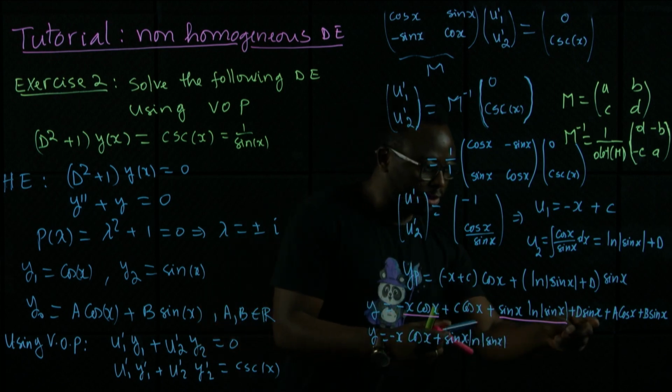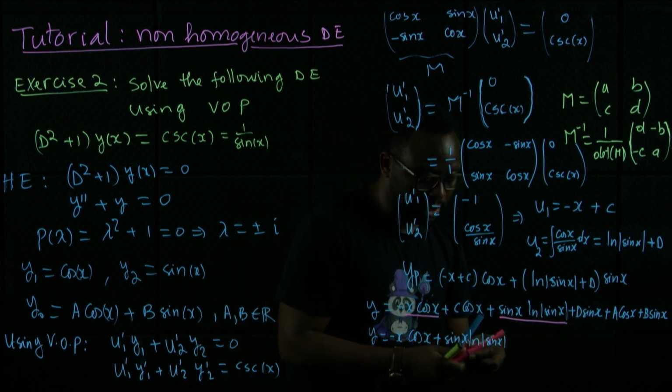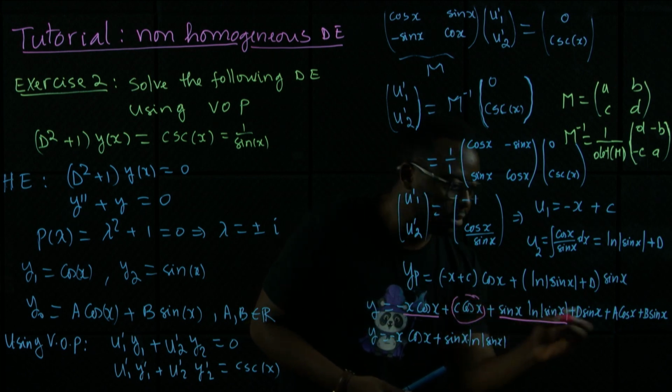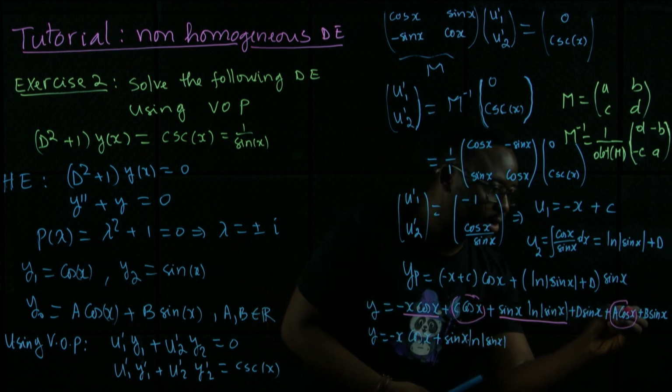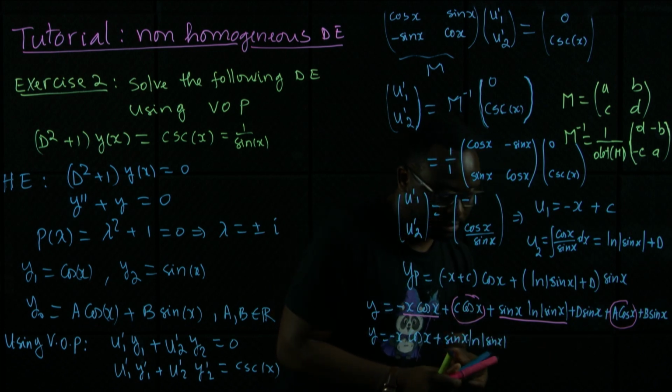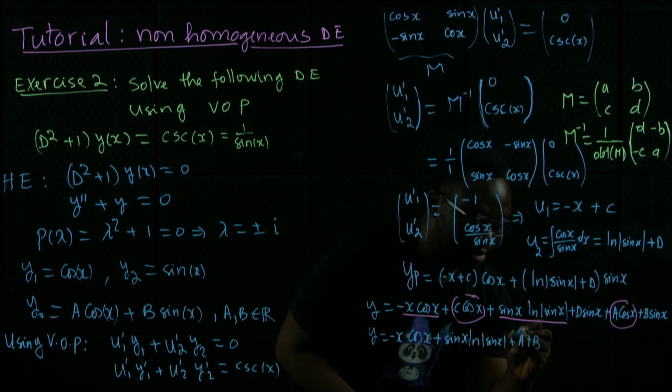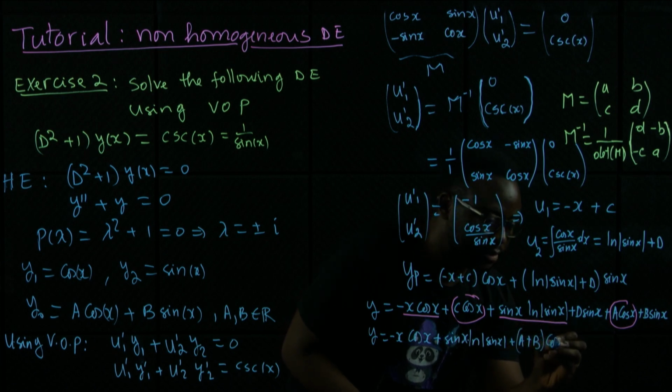And we have cos x here and cos x there, so we take this term and this term together, which is (a plus c) times cos x.